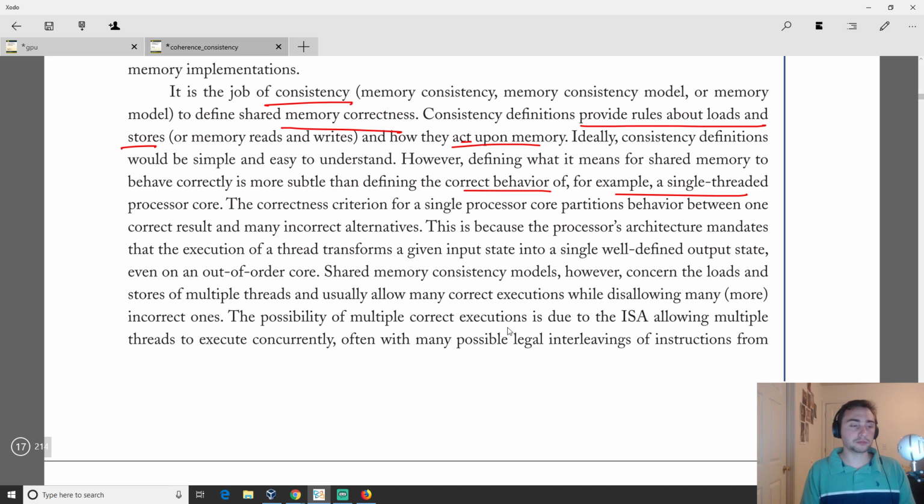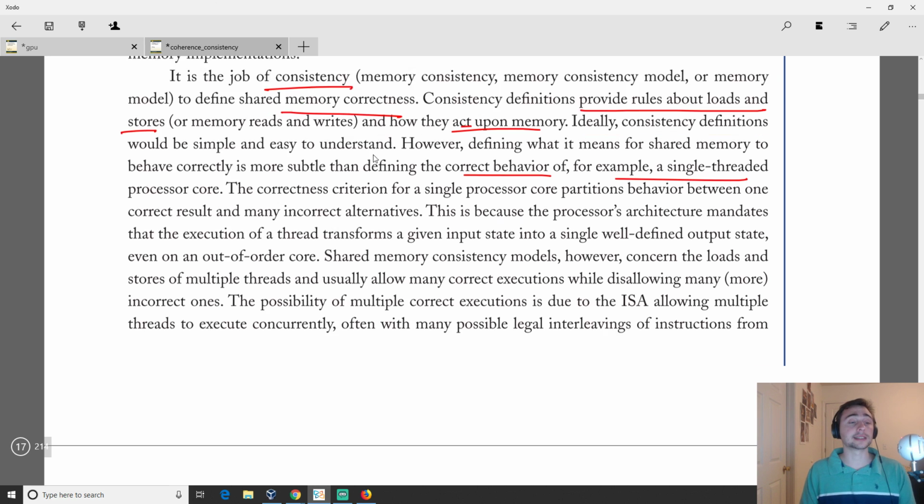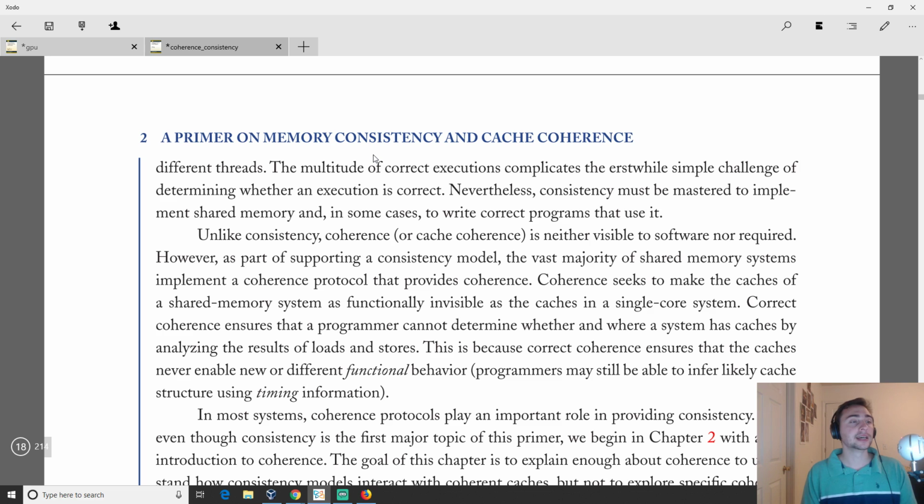And so this is one of the things that makes multi-cores very difficult, this idea of having all these interleavings and having a set of correct cases and then another set of incorrect cases, instead of just a single target correct case to shoot for.